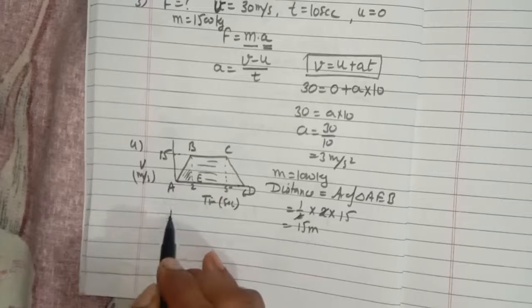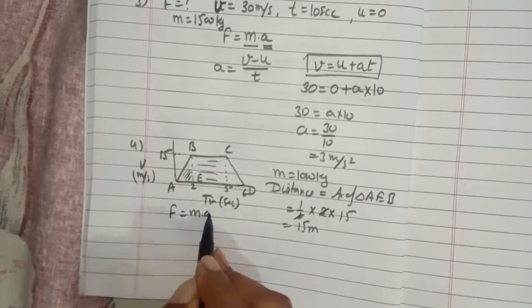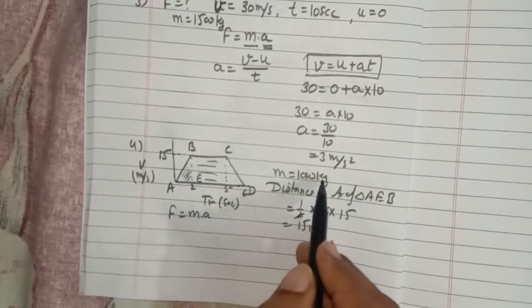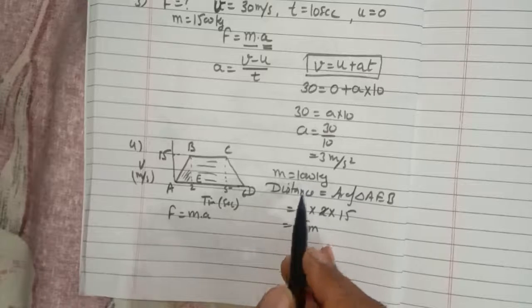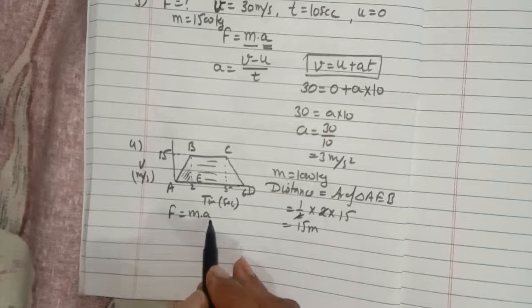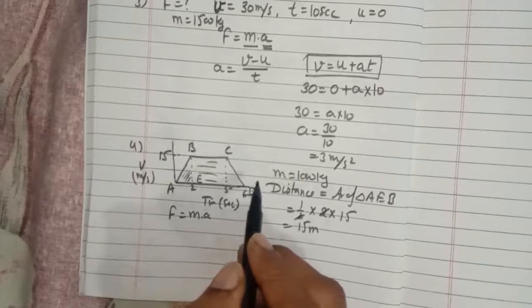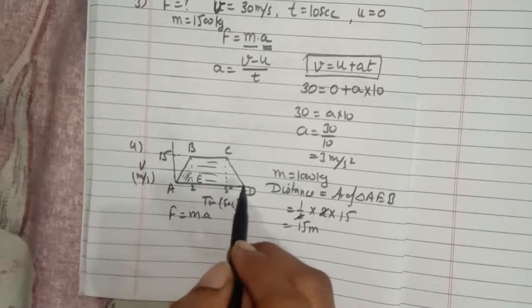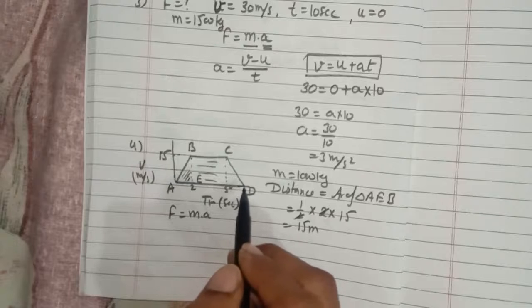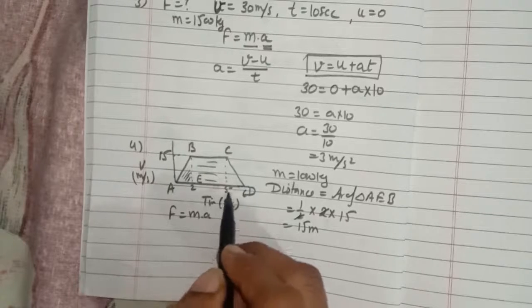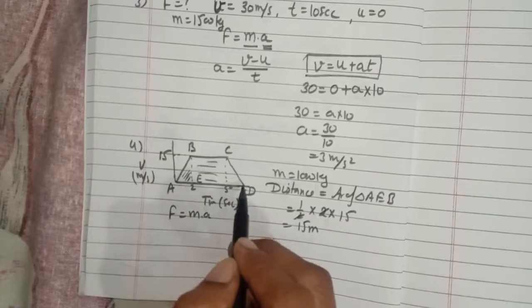So we know that F is equal to m into a. Now we have the value of mass. This is 1000 kg. And if you want to find the acceleration of the car here from C to D, again it should be remembered that for the VT graph, if you want to find the acceleration, you have to find the slope of the graph. So here in this case, the slope is how much?